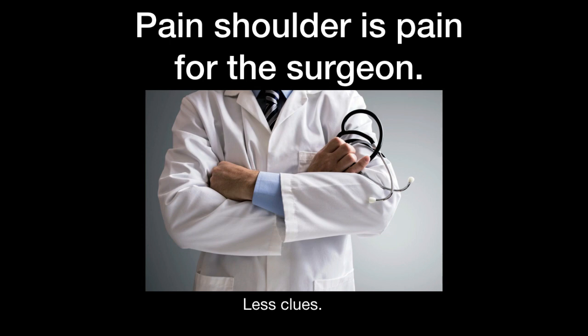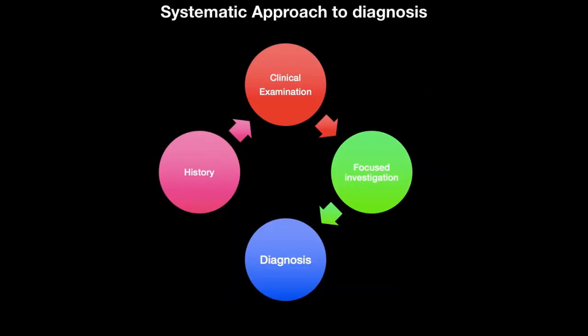So, painful shoulder is a pain for the surgeon because the pain per se gives very little clue for the diagnosis of shoulder diseases. That is why a systematic approach to the diagnosis of shoulder pain is very, very important.